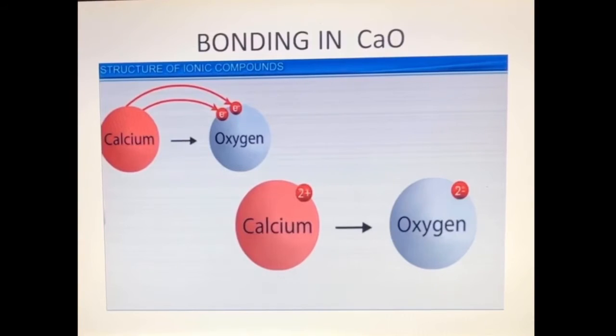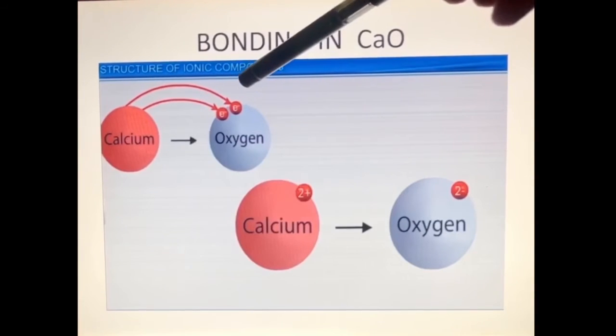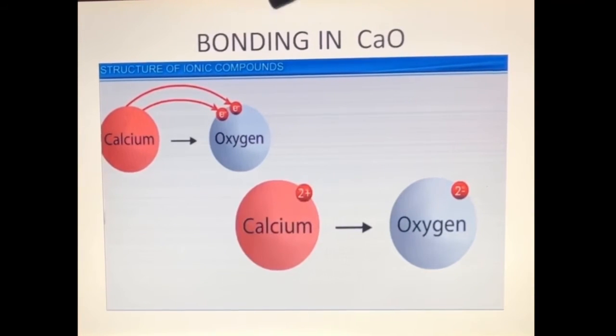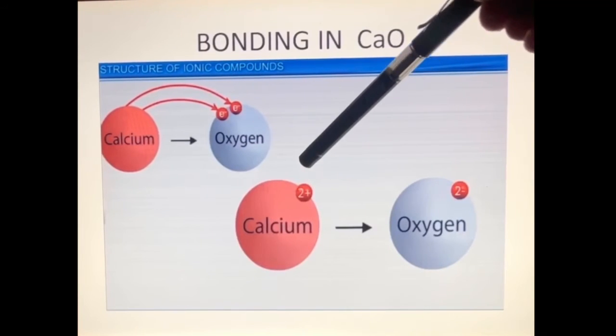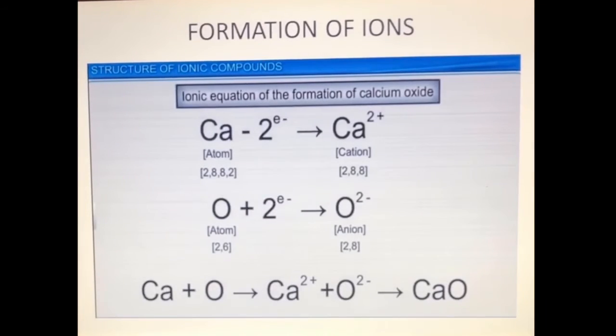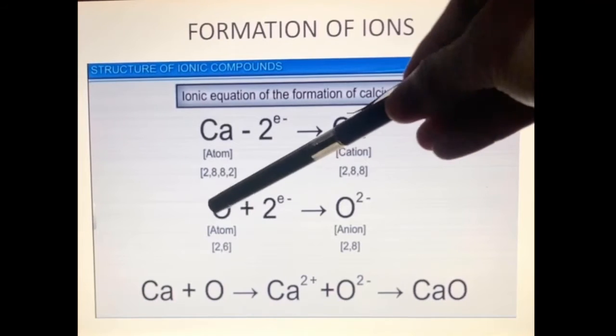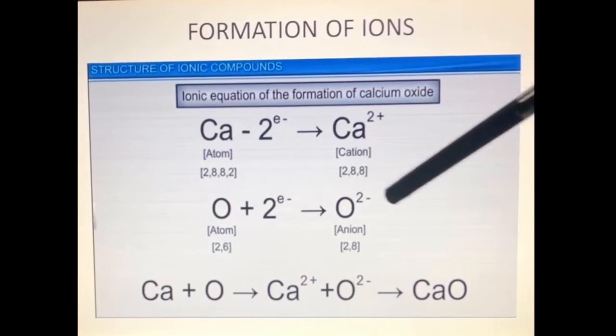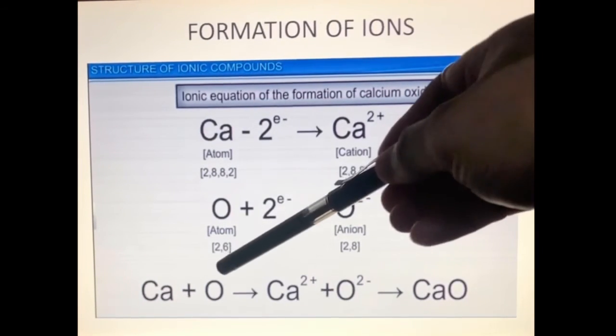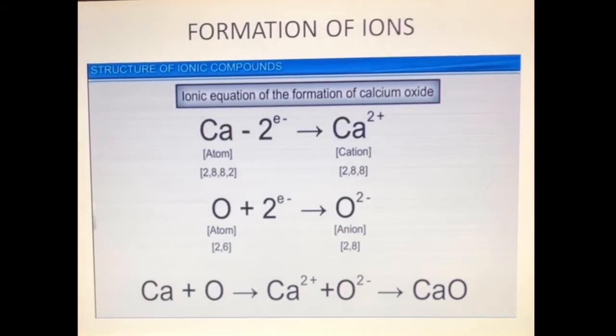Another example is calcium oxide. Calcium oxide is formed as a result of transfer of two valence electrons from metallic atom calcium to non-metallic atom of oxygen. Calcium has the electronic configuration 2, 8, 8, 2, valence electrons are 2, and oxygen has the electronic configuration 2, 6, valence electrons are 6.